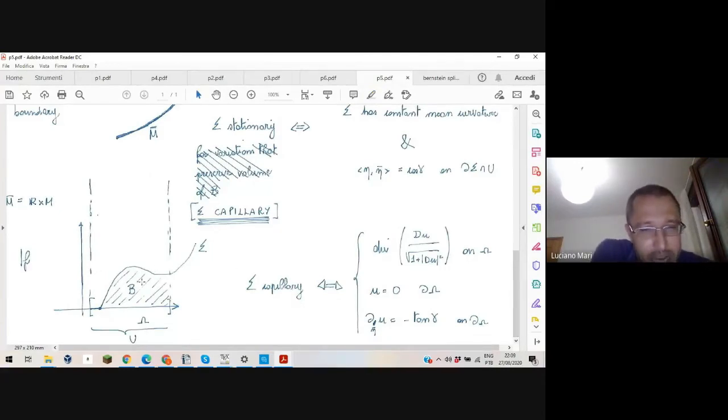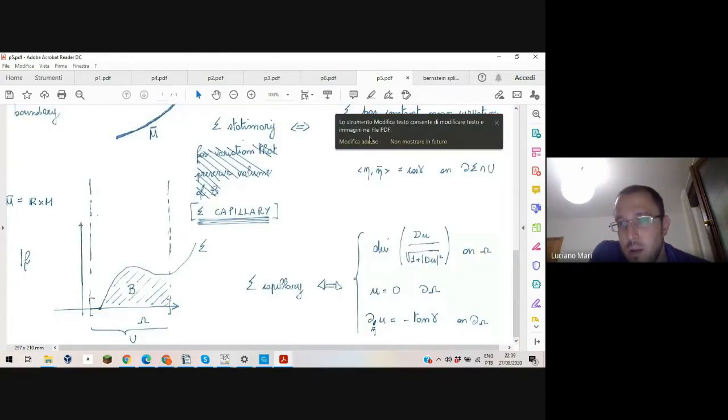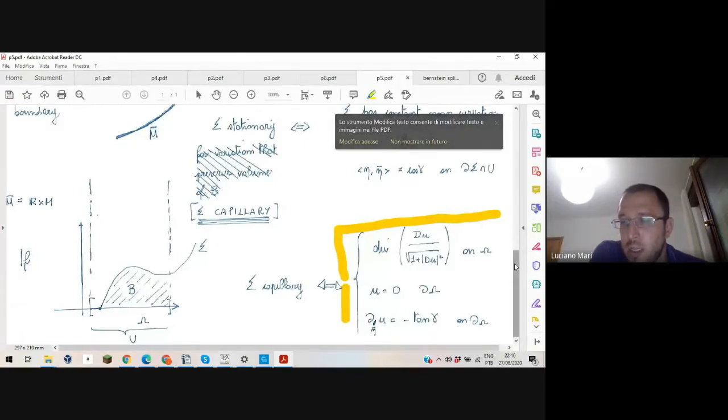Okay. So now B is the subgraph of sigma, and sigma is capillary if and only if this holds. So that means it has constant mean curvature, it has zero boundary value on the boundary, and it has constant angle that reflects into a constant normal value.